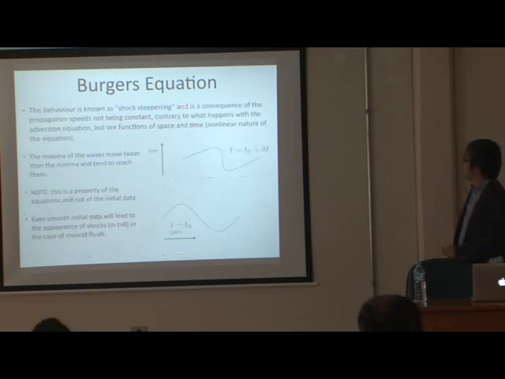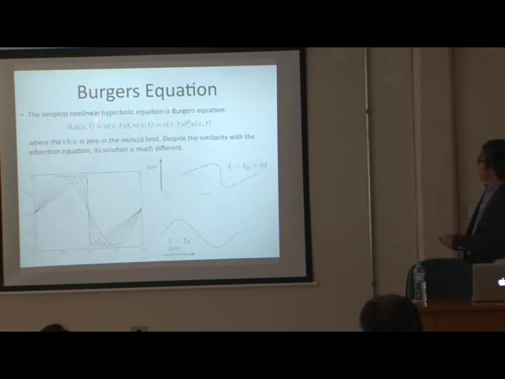It is a consequence of the propagation speed not being constant; it differs from position to position. This contrasts with the advection equation. Sorry, the speed is not constant, and it is also a function of time. The characteristic speed is given by u, which depends on position x and also on time, because u changes at the next time.